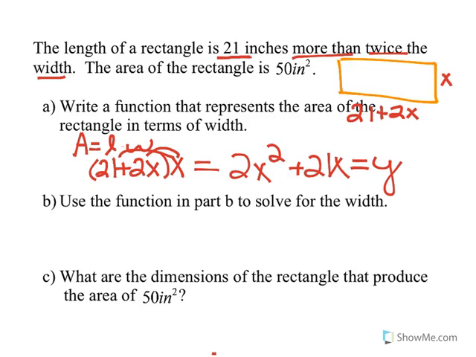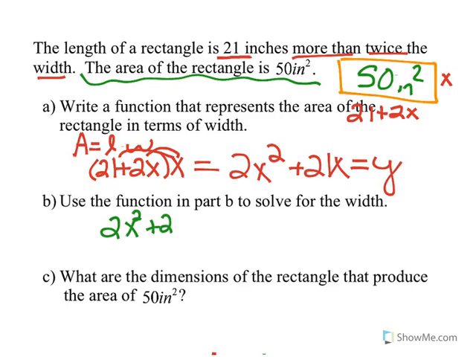Now use the function in part B to solve for the width. Well, the fact is we know that it has an area of 50 inches squared. So that means we know that 2x squared plus 21x is equal to 50. The y was the area.